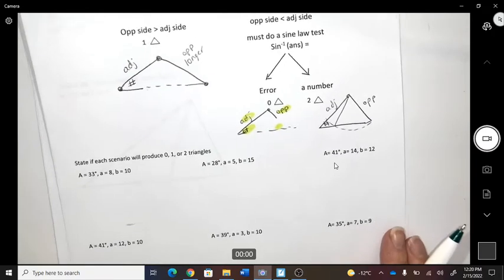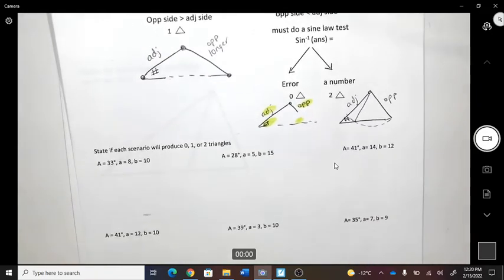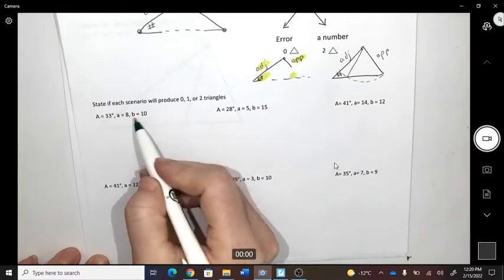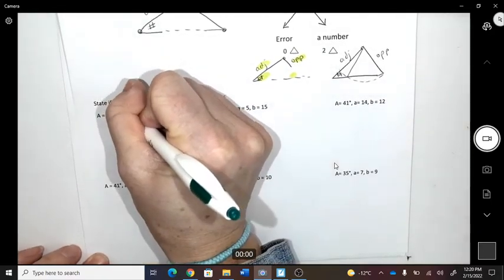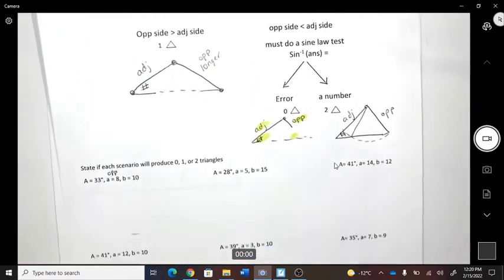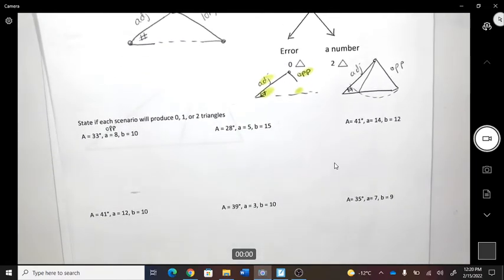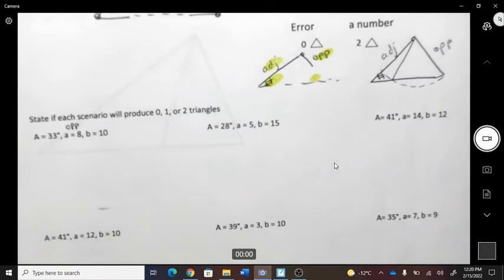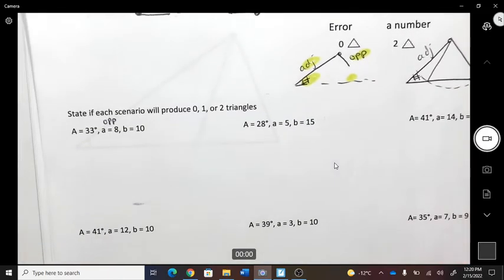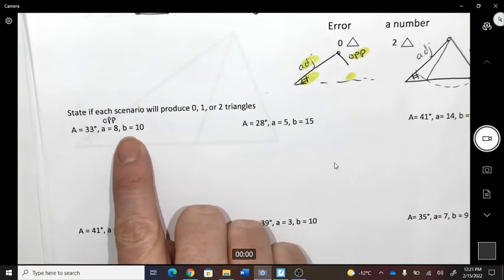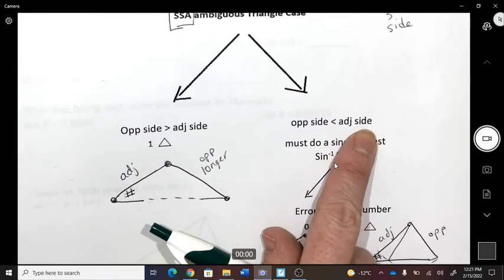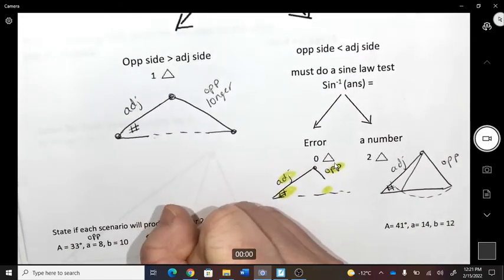Okay, ready? How many triangles are in this? So this is the opposite, because A is opposite of A. We need to know, is the opposite bigger or smaller? It's shorter.